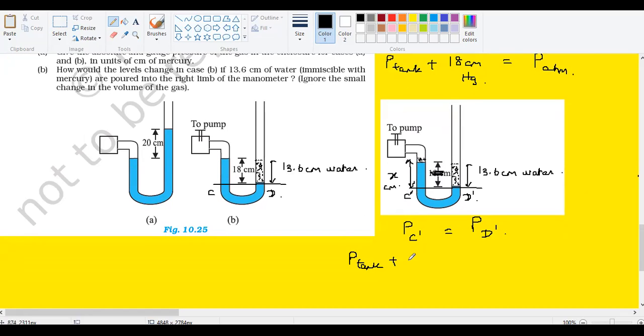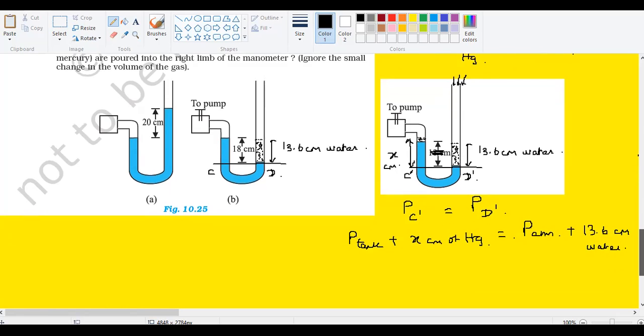It has changed to X centimeter, which is X centimeter of mercury. Who is pressing on top of D dash? P atmosphere and this one, right? 13.6 centimeter of water is pressing on top of this.